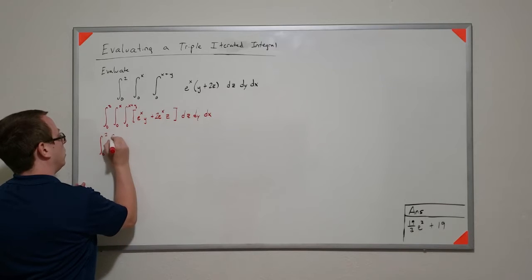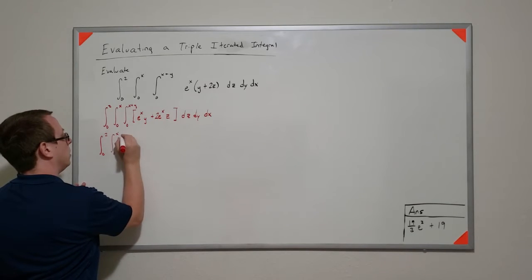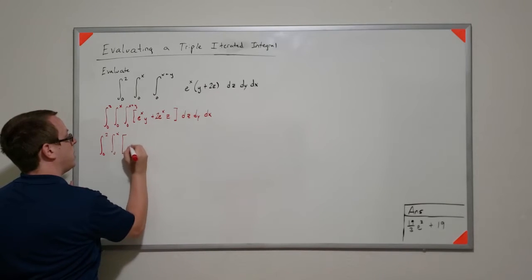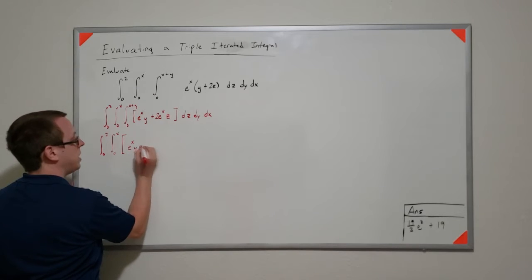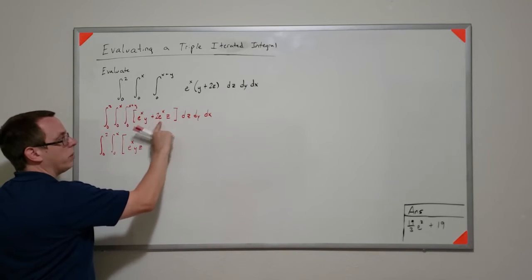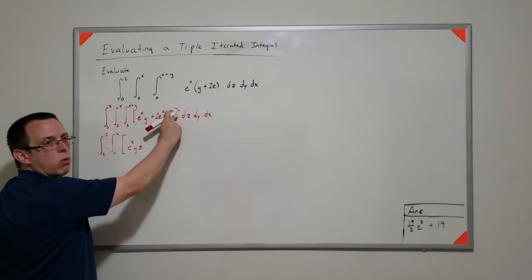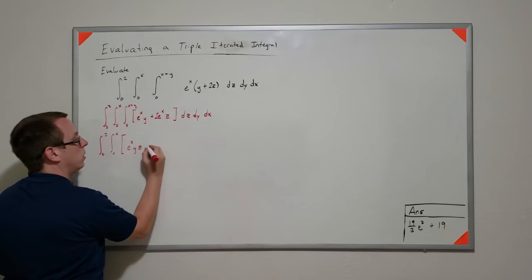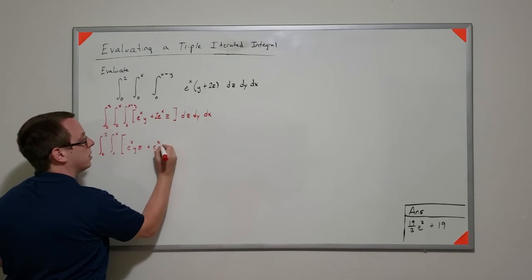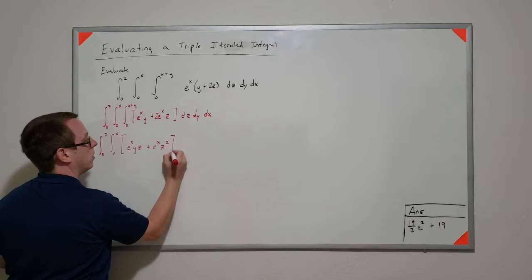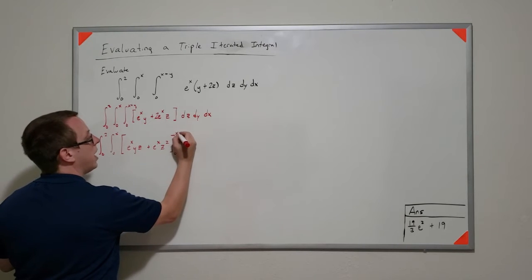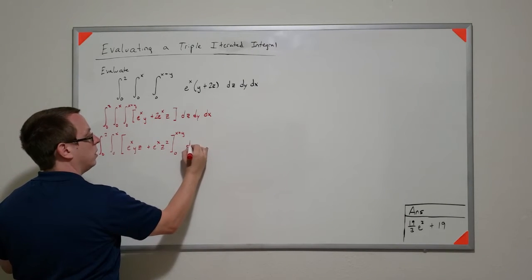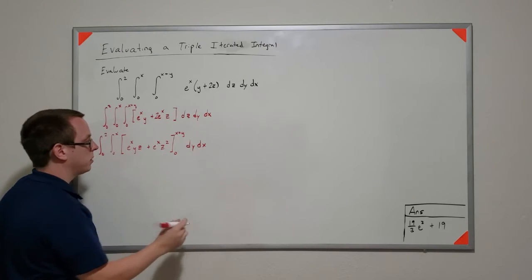0 to 2, 0 to x, e to the x, y, z, and the antiderivative, so this is constant, so we add 1 to the power of z, and then divide by that power, so the 2's will cancel. So now I have e to the x, z squared, from 0 to x plus y, dy dx.